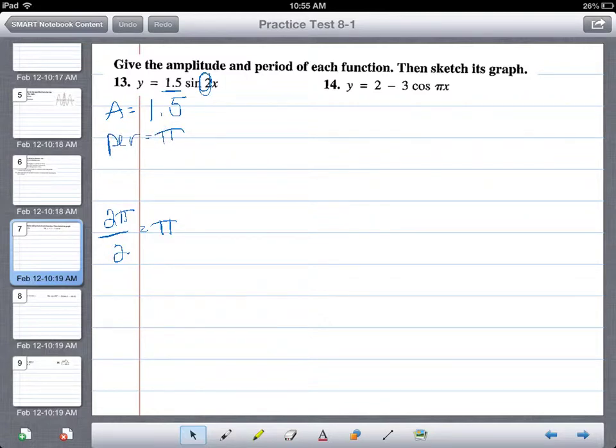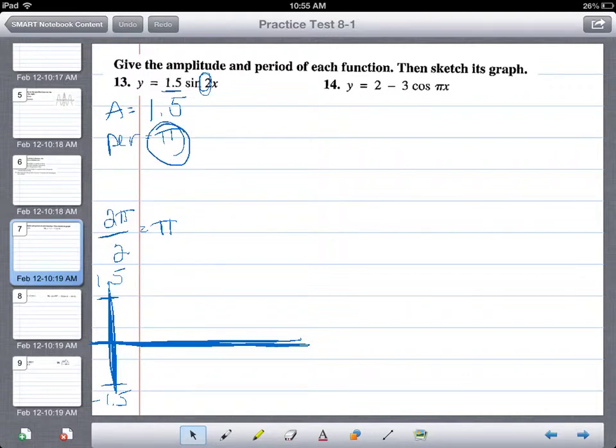Then it asks us to graph. Okay, so I'm just going to sketch this out as best as I can using this software. And we can go up to 1.5. I'm just going to mark this as 1.5, down to negative 1.5. And then remember that this graph repeats itself after pi units.